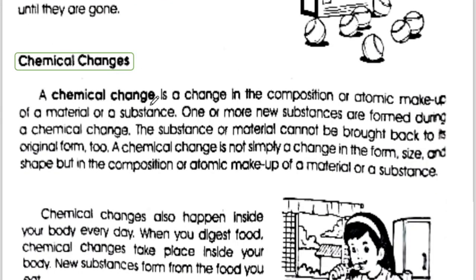When we say chemical change, it is a change in the composition or atomic makeup of a material or a substance. So one or more new substances are formed during a chemical change. Again, when we say chemical change, it is one or more new substances formed during a chemical change.